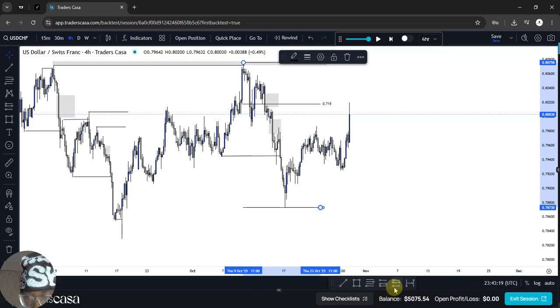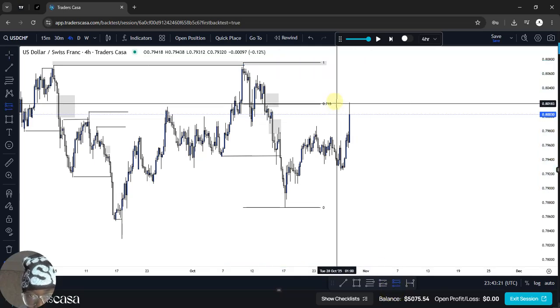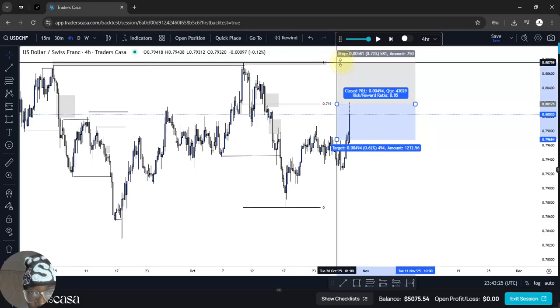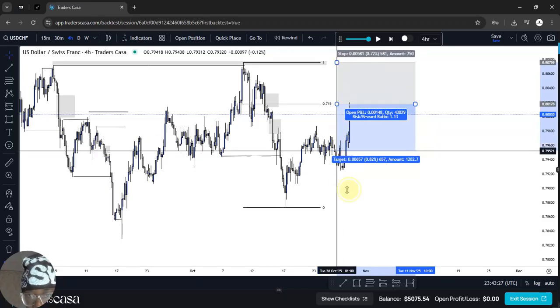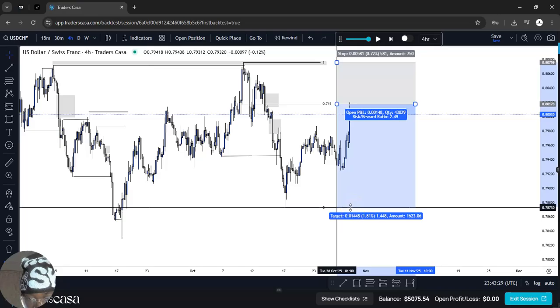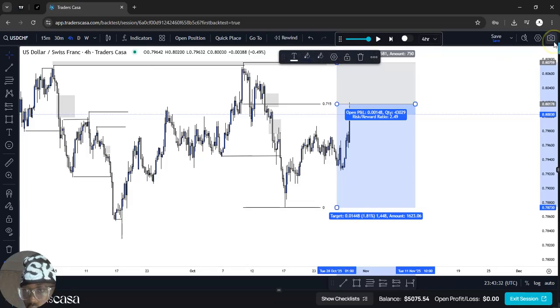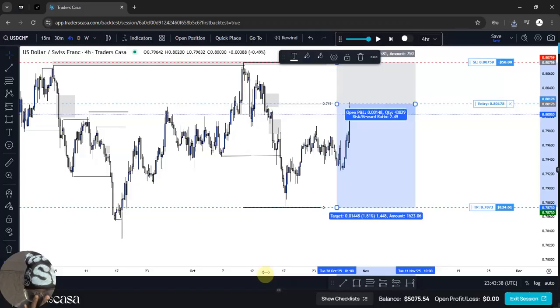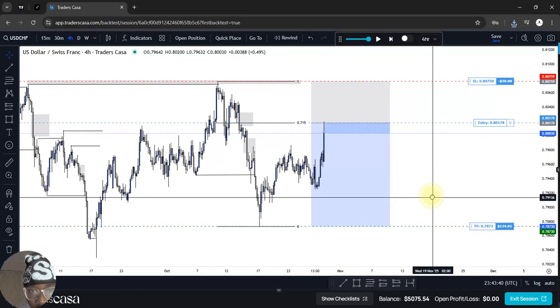From there, gonna be taking our trade right there. Simplicity is key, guys, remember. Gonna be taking this one. Let's see how it works out.